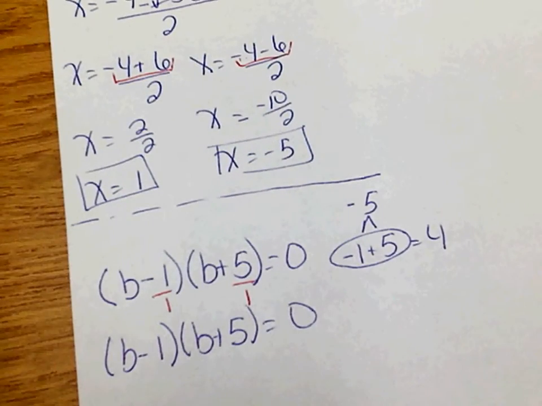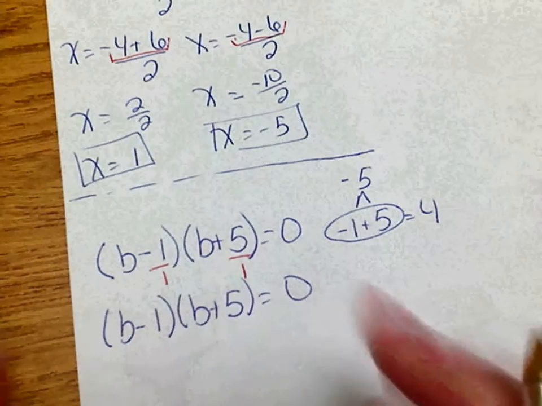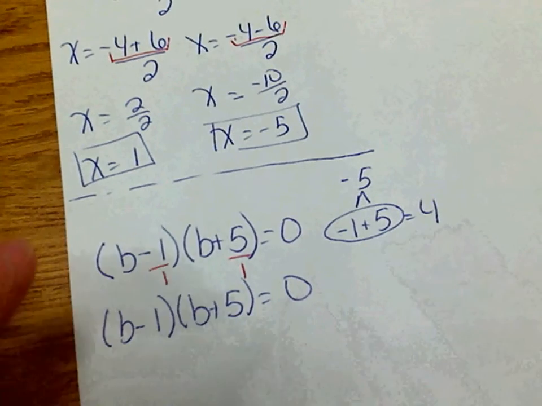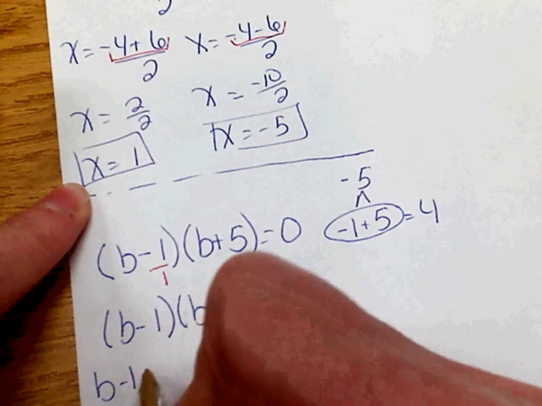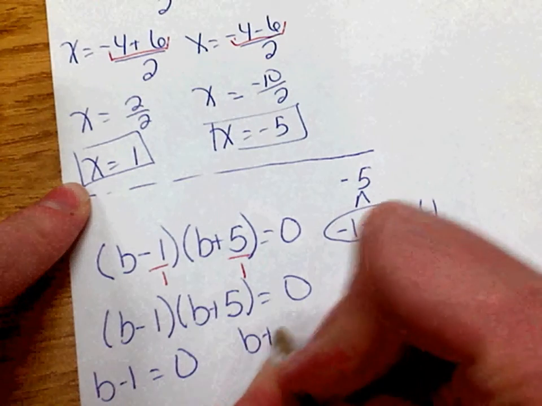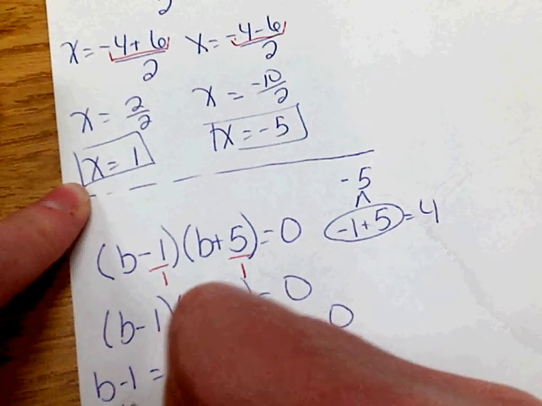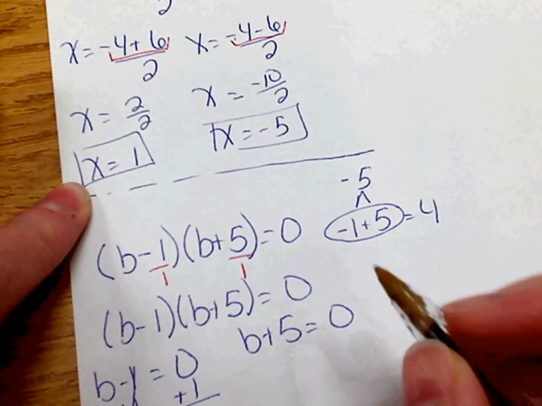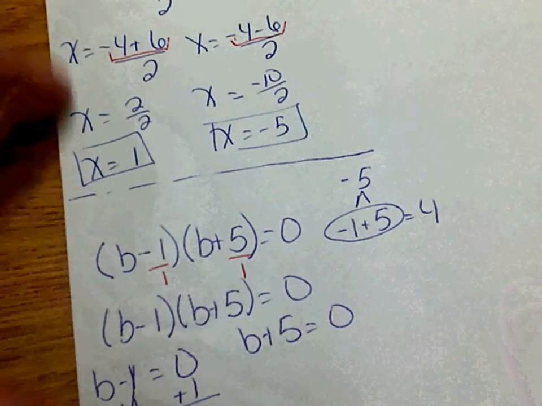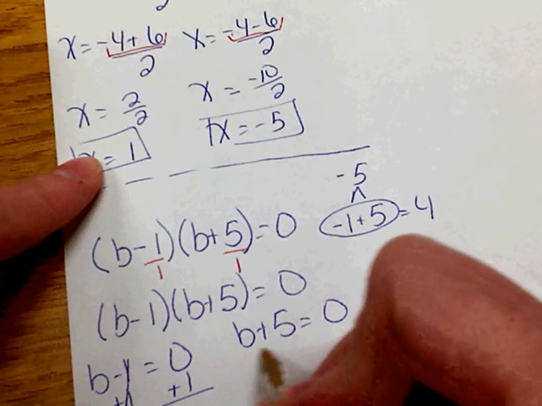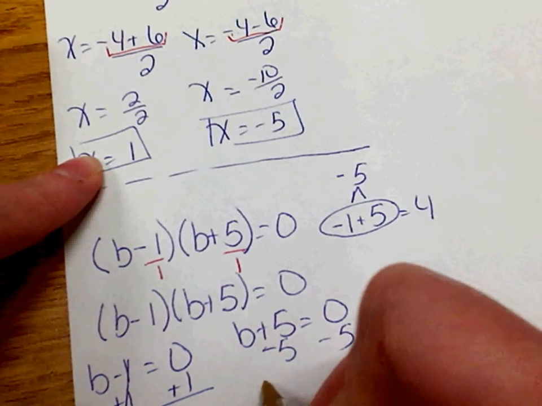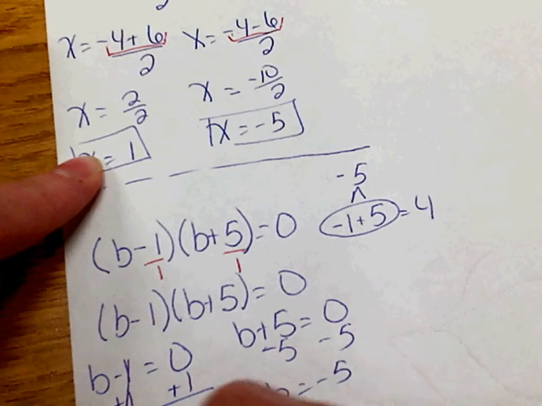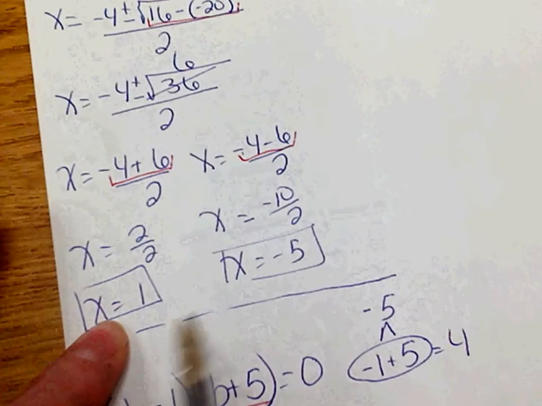So then you're just ready to solve it, and we know that one of these factors has to be 0. So we're going to try putting both of them equal to 0 and then solve. So we got b is 1. I'm sorry, I used x up here and I'm using b down here, but that's the same thing. So we got the same answers, 1 and negative 5. So we know we're doing it right.